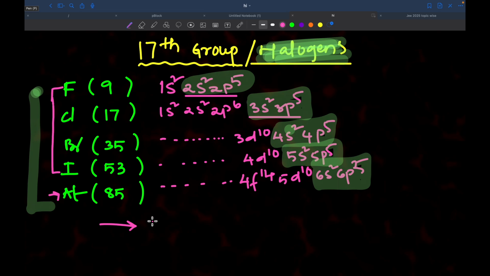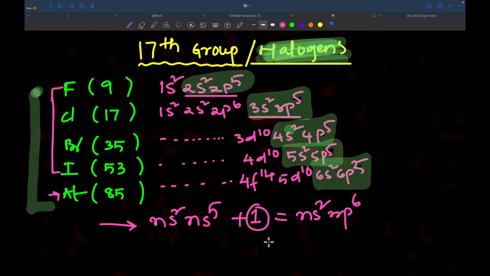Since they have the ns2 np5 configuration, they are short of only one electron to get the ns2 np6 configuration. So that's why they are very violently reactive. They can react with anything.